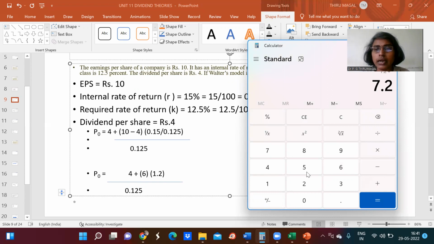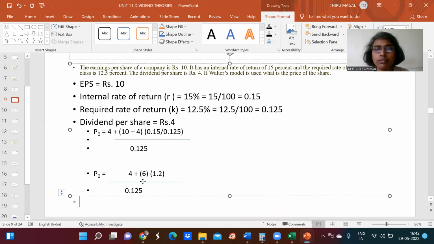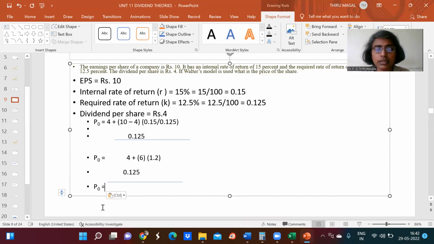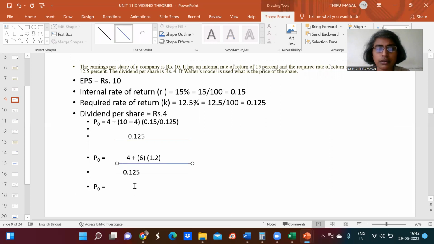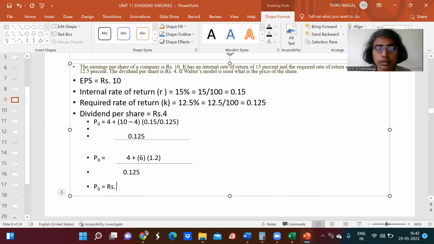With the 7.2, add 4, you'll be getting 11.2. 11.2 divided by 0.125 is 89.6. So P0, the price of the share or value of the share, is equal to 89.6.